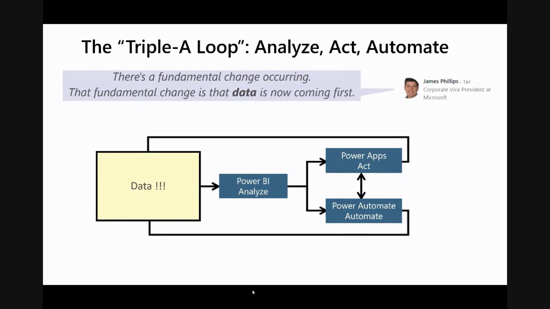And at the end, the idea is to automate most, if not all, of the business process. So this is an ongoing process loop, and we can do that very quickly and very easily with the Power Platform.